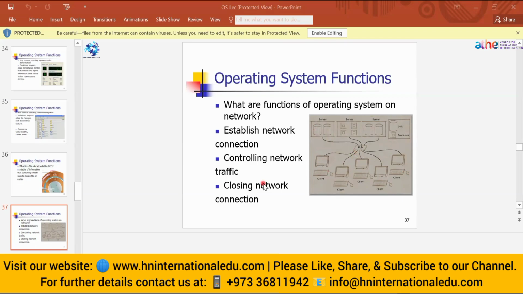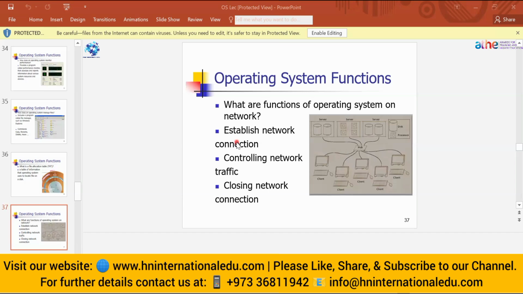Then there is closing the network connection. In the computer system, if we have to use a resource, first we have to request for the resource, maybe your CPU, your process, your RAM, your hard disk, any of the resources that are available, your registers, your buses.